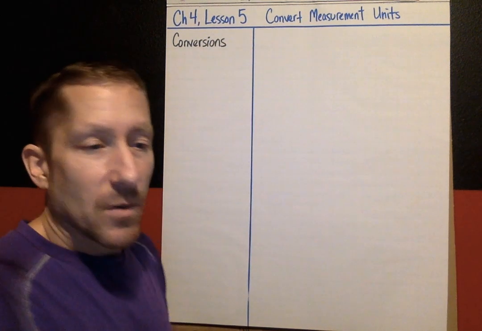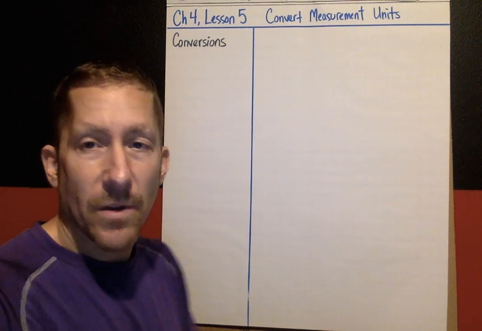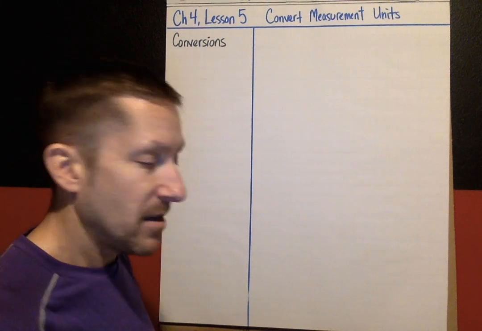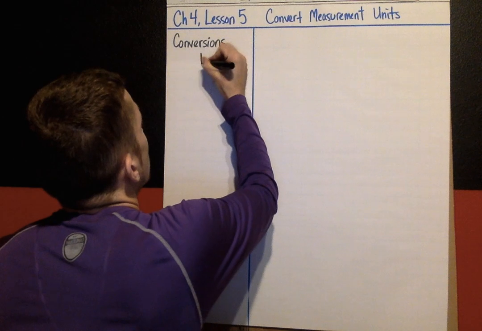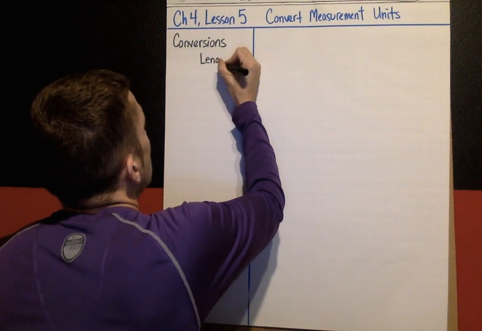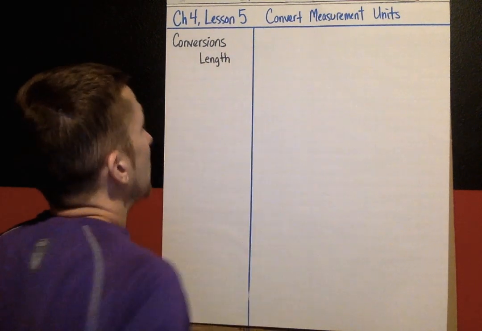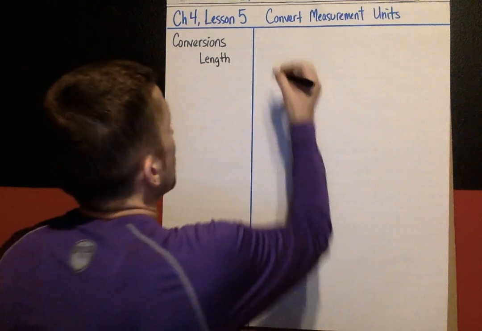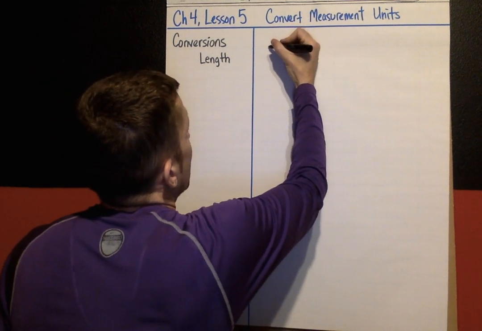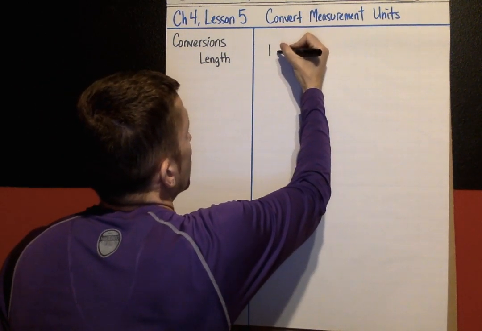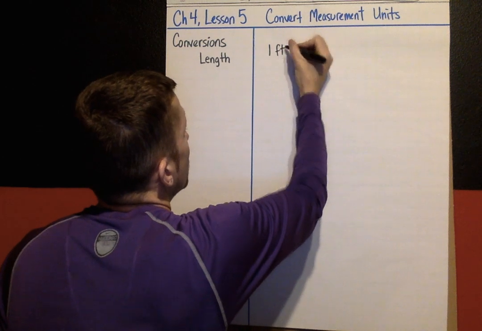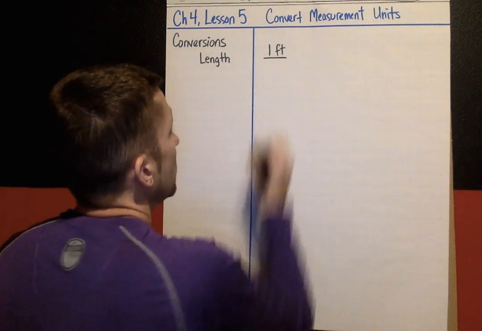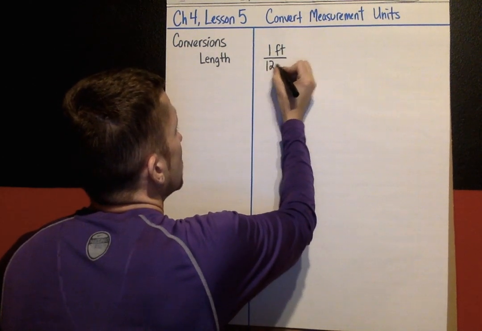Okay. So the first type of conversions we're going to look at are length conversions. The first one we're going to look at is feet in inches. For every 1 foot, you have 12 inches.